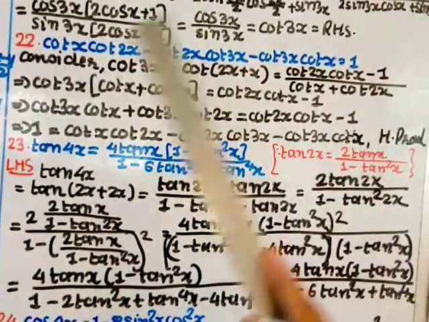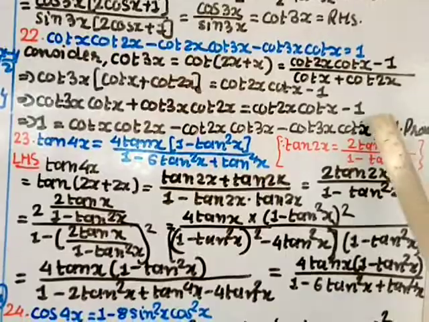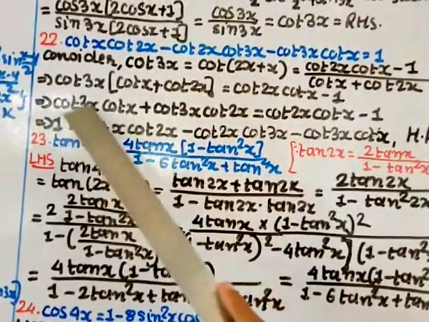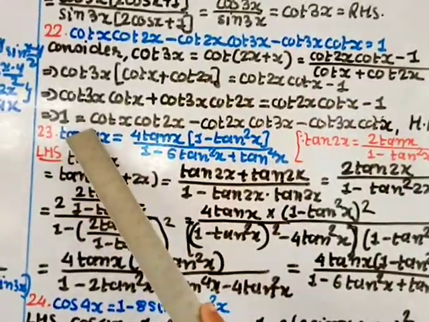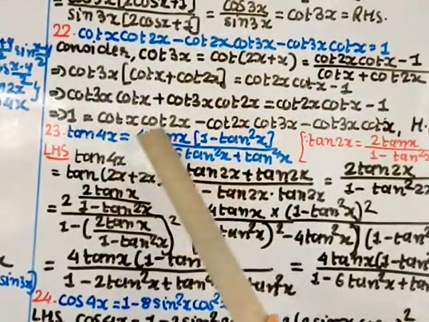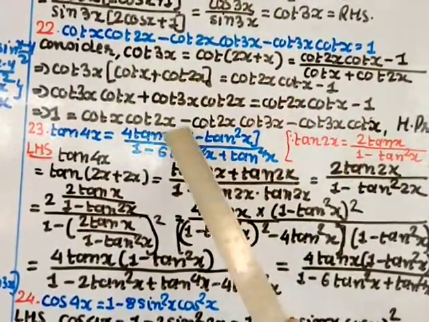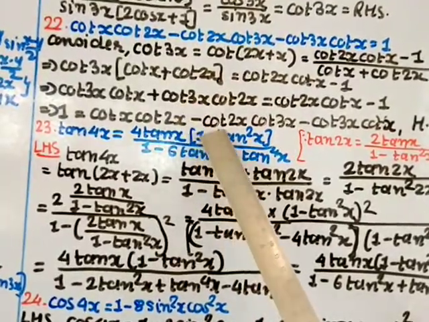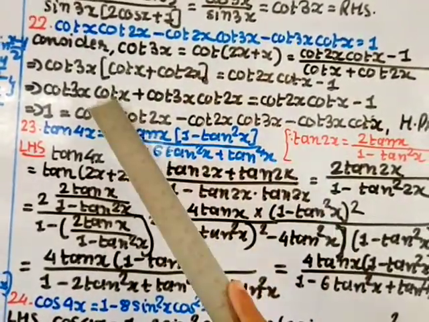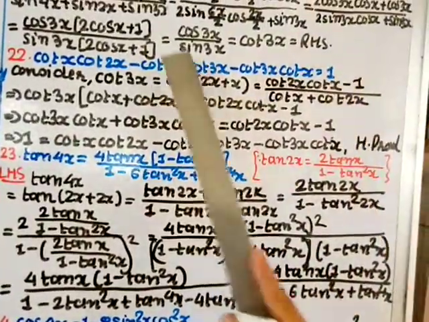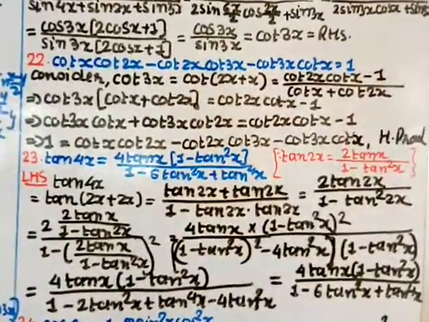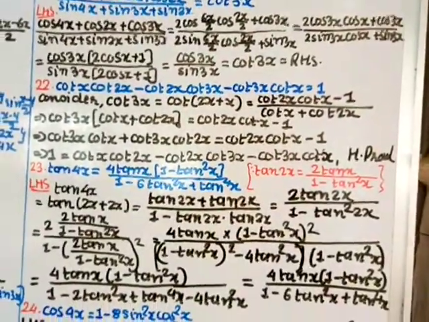Multiply inside, so cot 3x cot x plus cot 3x cot 2x equals cot 2x cot x minus 1. Minus 1 transferred over here becomes plus, and these terms transferred become negative. So 1 equals cot x cot 2x minus cot 2x cot 3x minus cot x cot 3x. Hence proved, that is what you have to prove, but here it is equal to 1. We can just interchange, so that is the proof of question number 22.